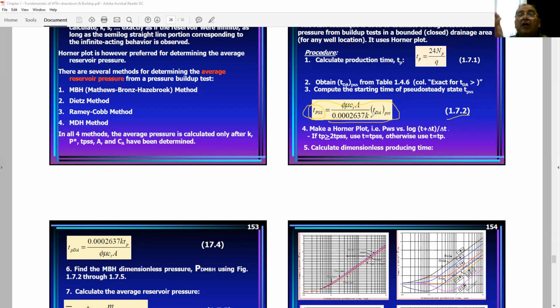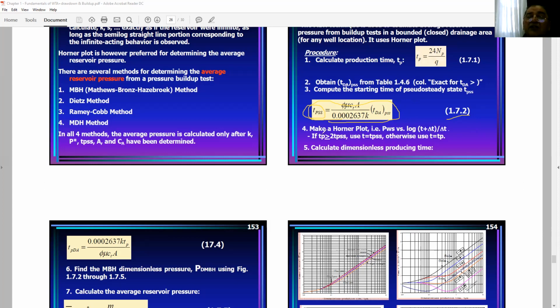So you need to compare the TPSS calculated from equation 172 with your production time used for the Horner plot. If the production time is more than 2 TPSS, then redraw the Horner plot using TPSS instead of TP. If it's not, then you can use the Horner plot as it is. There is no need to redraw the Horner plot.